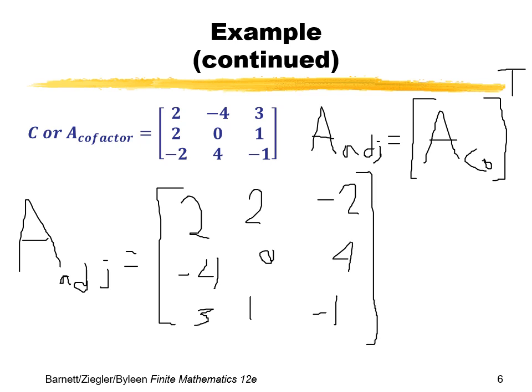So the first column will be the first row and the second column will be the second row, third column, third row. And this is called the adjoint. Let's write it in a better way.